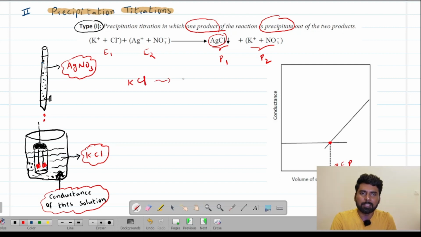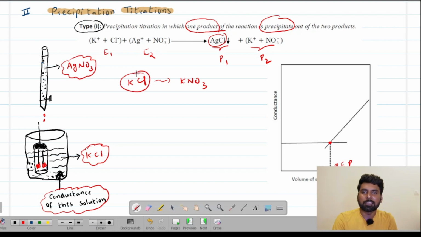KCl is replaced by KNO3. Whatever silver nitrate you are adding is reacting with KCl, and the chloride content is becoming AgCl. AgCl is completely insoluble in water. It cannot increase conductance, so keep it aside.